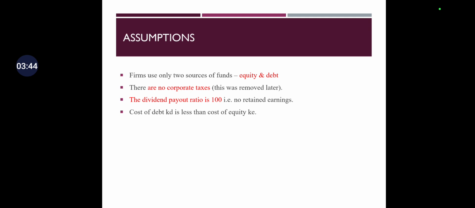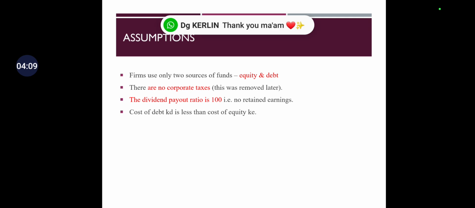And the fourth one is cost of debt is less than the cost of equity. Since we are concentrating on two sources, equity and debt, the company is going to prefer the debt. Why? Because the debt cost is much cheaper than the cost of equity. Why is it cheaper?